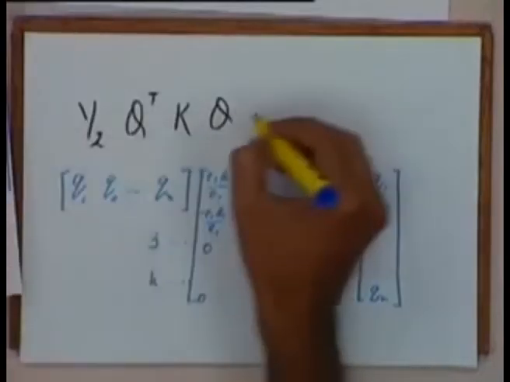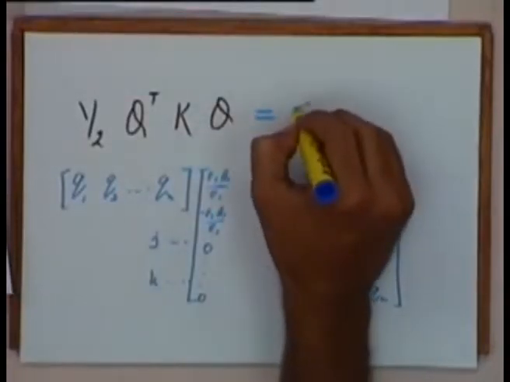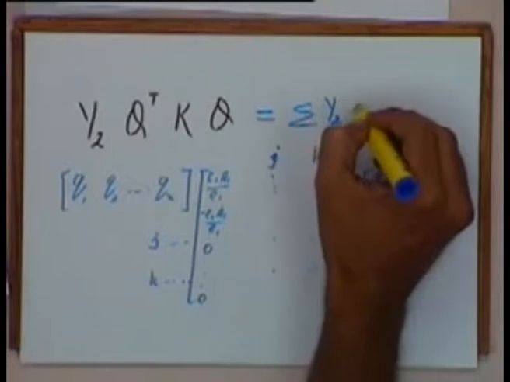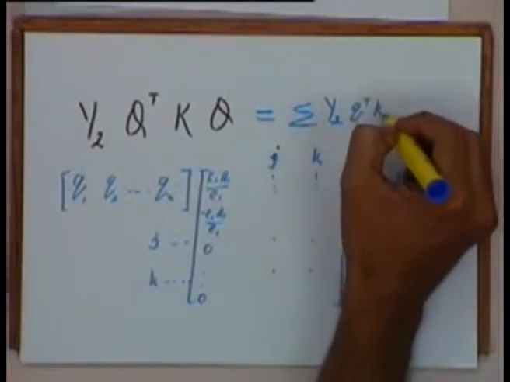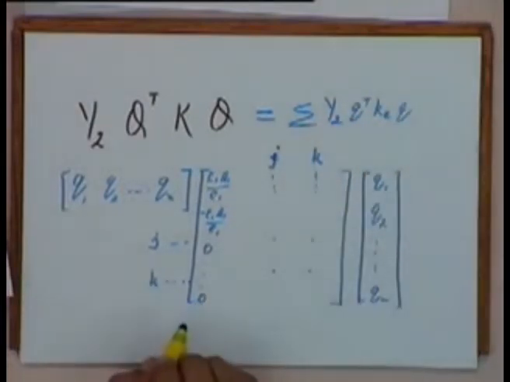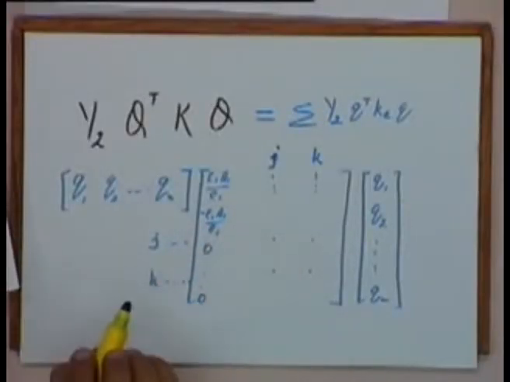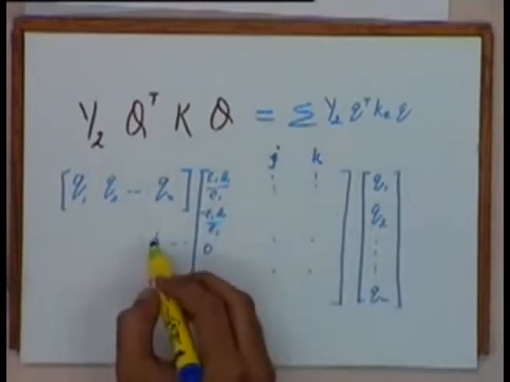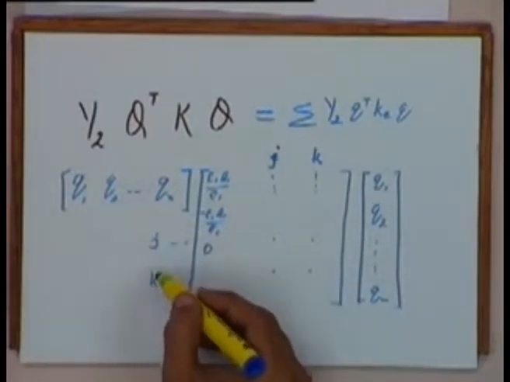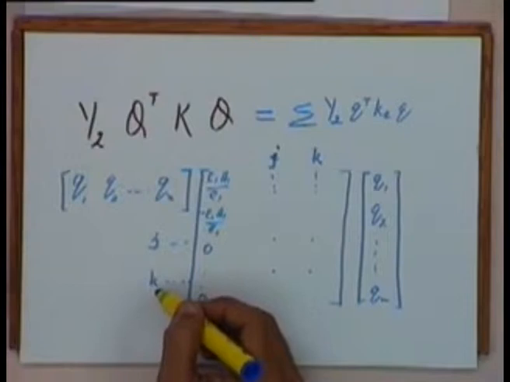So what I am saying is that this thing will be equal to sigma half q transpose ke q, for the element EI. What is EI? The element EI is defined between nodes j and k.